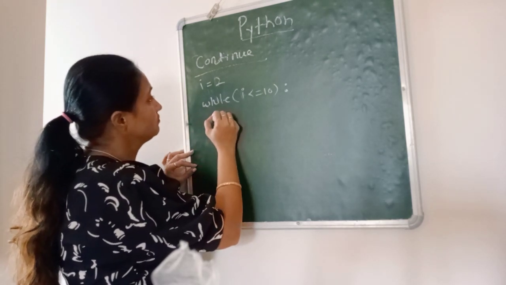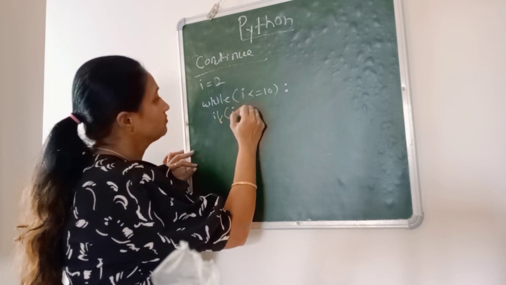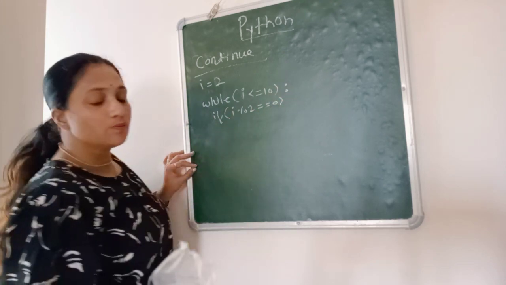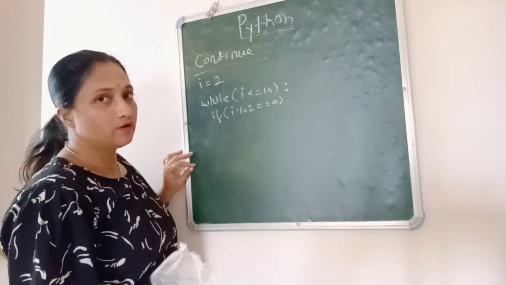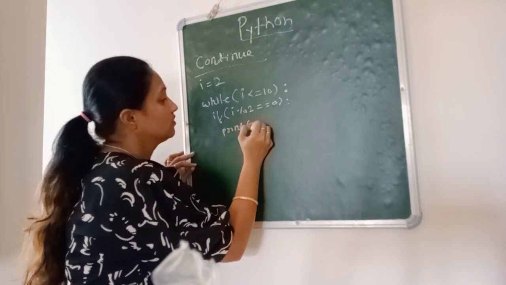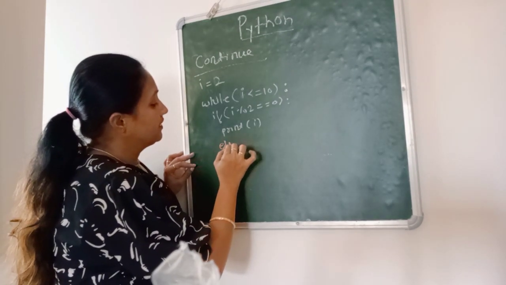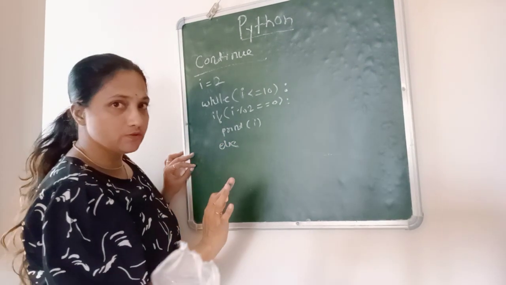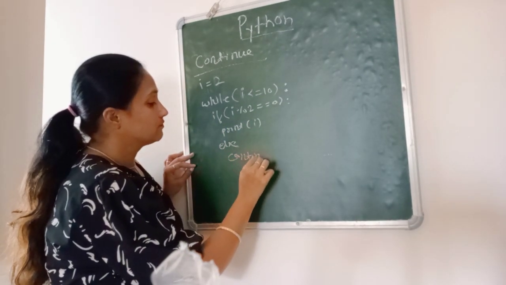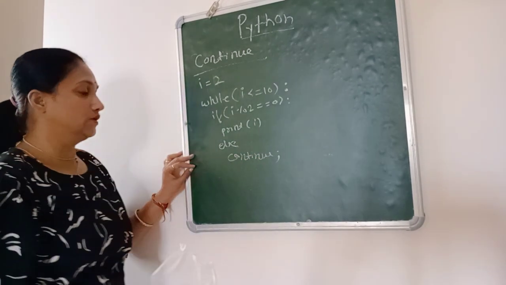Then in this, if I mod 2 equals to 0, meaning if any number is divisible by 2, that will be an even number. In this case, we'll print the value of I. Else, if the number is not divisible by 2, we'll simply write the continue statement over here.